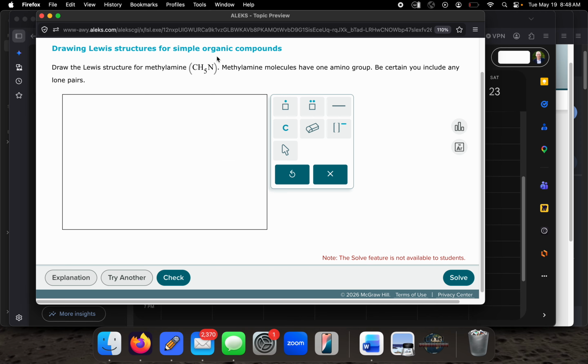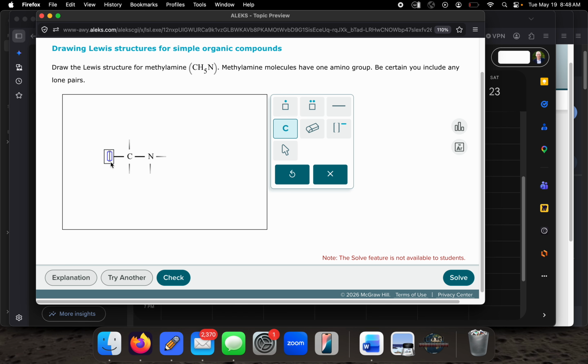I'm going to do one more. And nitrogen likes to have 3 bonds, so let's go ahead and do that. Carbon, 1, 2, 3, 4. And there's only 1 carbon here, so let's put the nitrogen here. Nitrogen, 1, 2, 3. And those are all hydrogens.